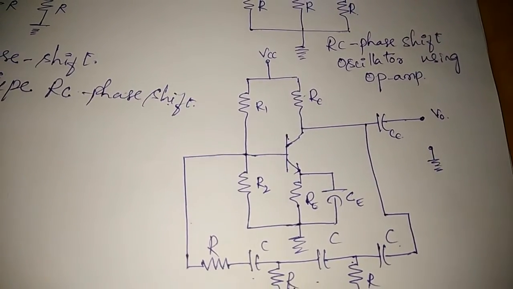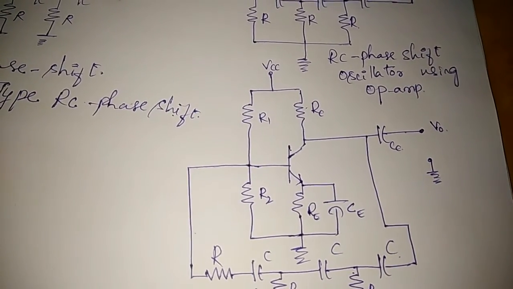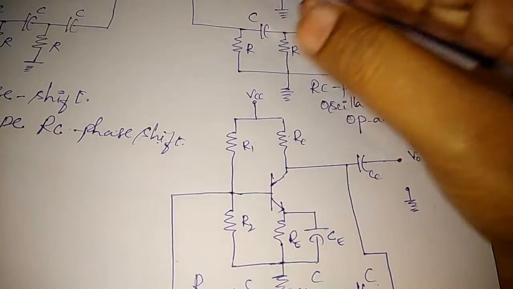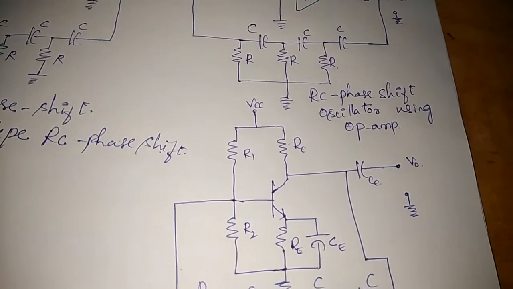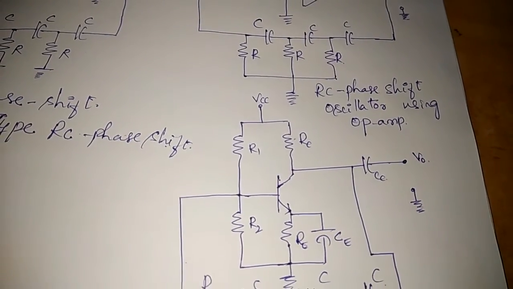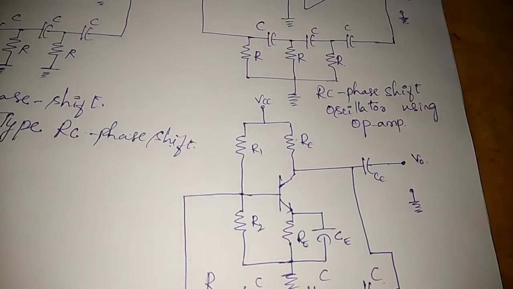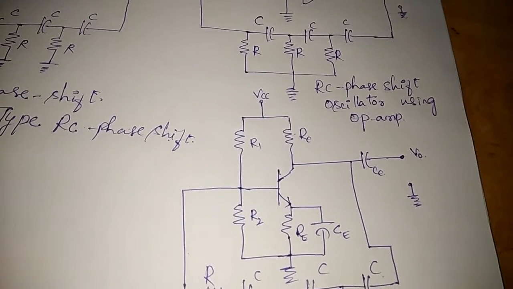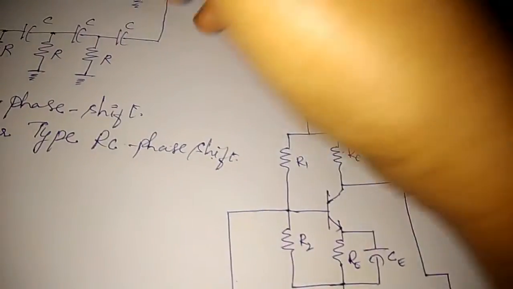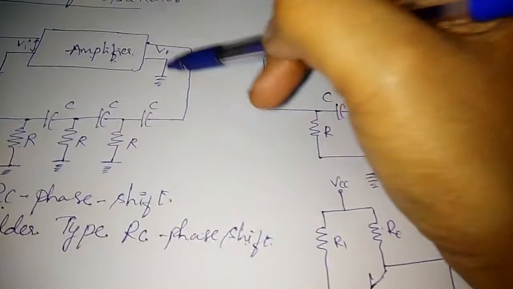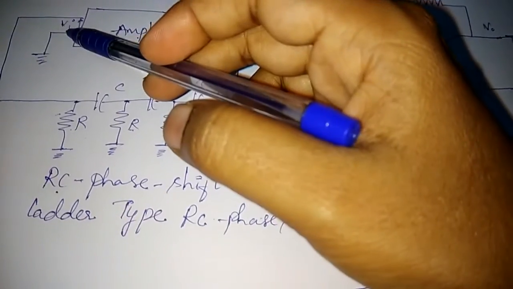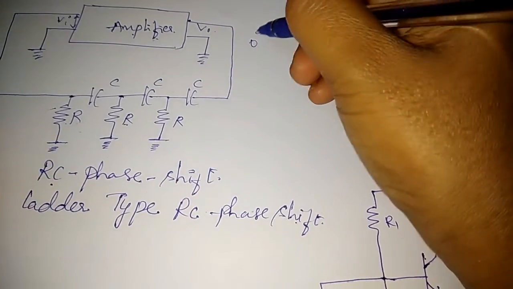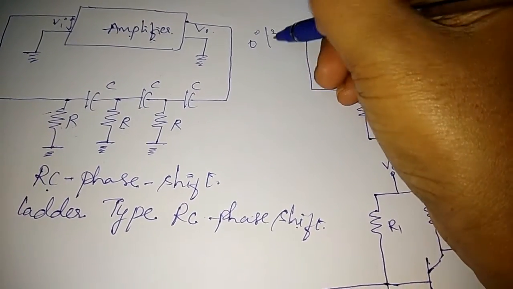We studied the principle of oscillations in the previous class, isn't it? That is the Barkhausen criteria. What the two statements say is that over the complete loop, it should have a total phase shift of 0 degree or 360 degree.